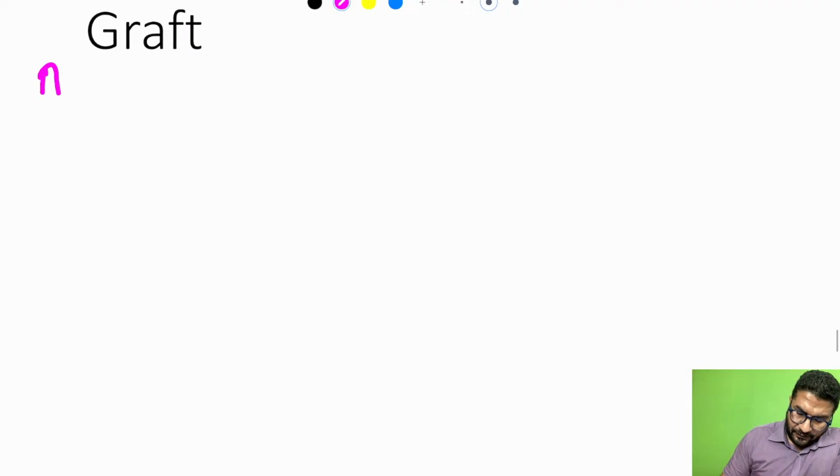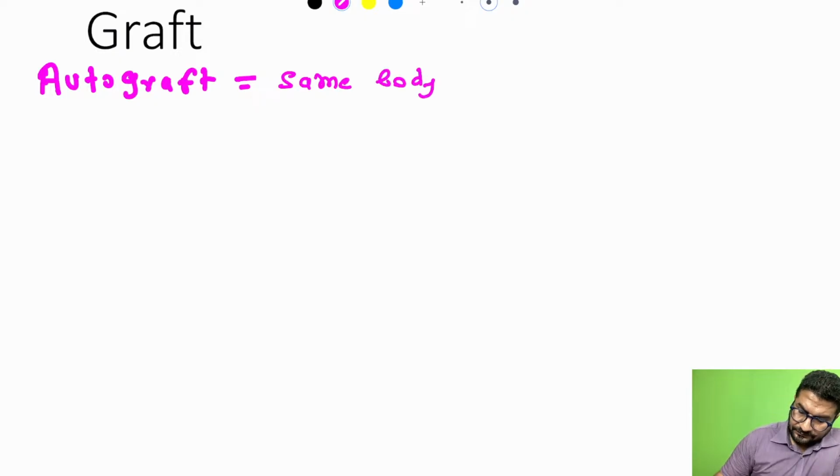So I told you we have autograft. Autograft means within the same body. Then we have allograft, between the same species. This is actually the most common type of graft.